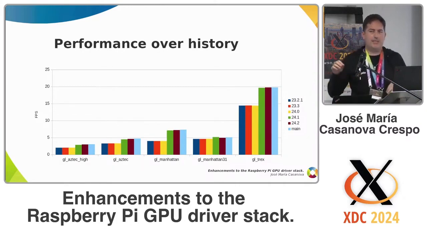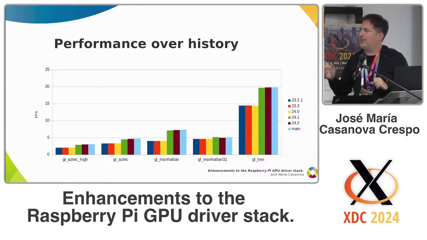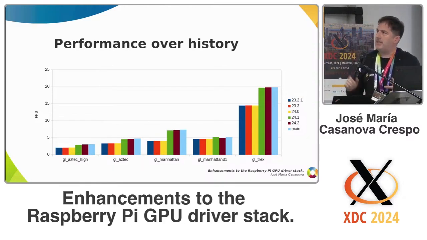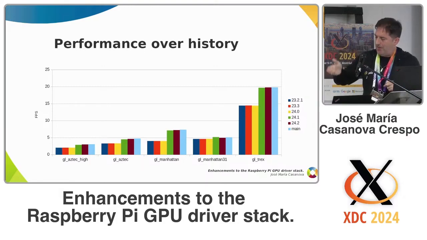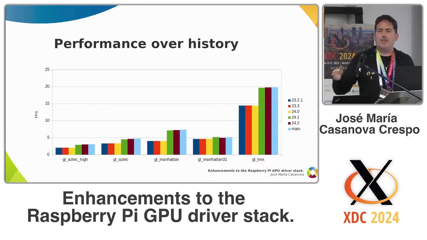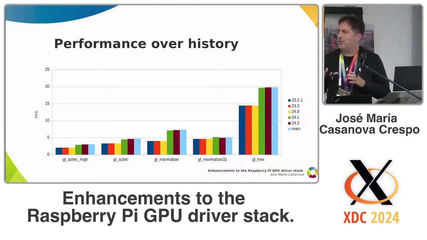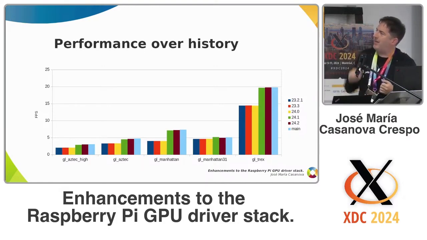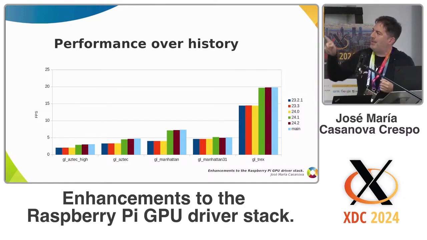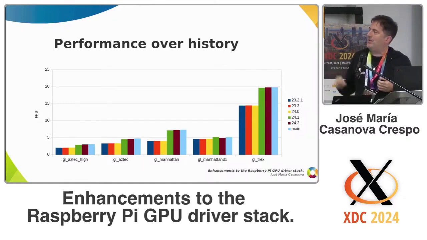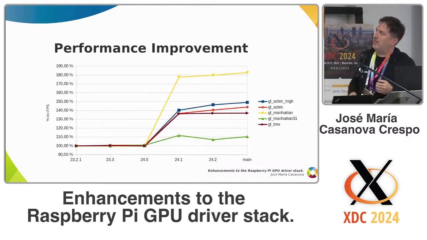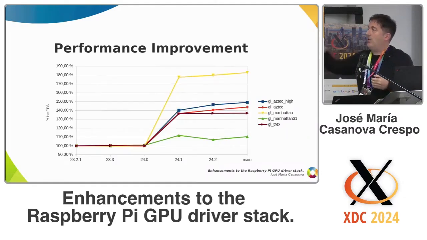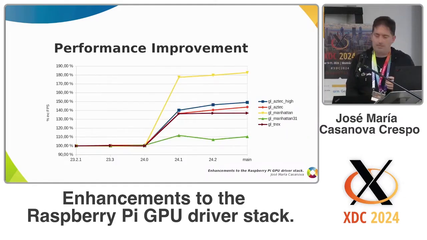For GFXBench it happens, for others we didn't figure it out. So we made a study across different branch points to see what changed over the year. We identified that there was an improvement before 24.1. This is the percentage of improvement, and it's clear there. We have other improvements over time, but this is the bigger one.